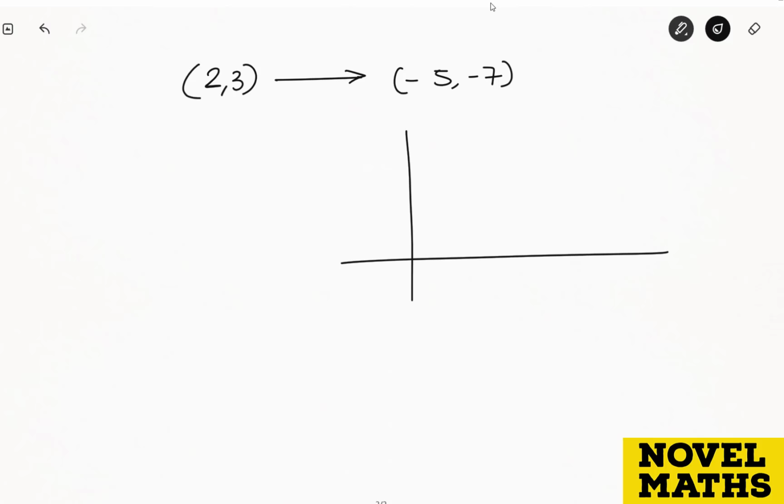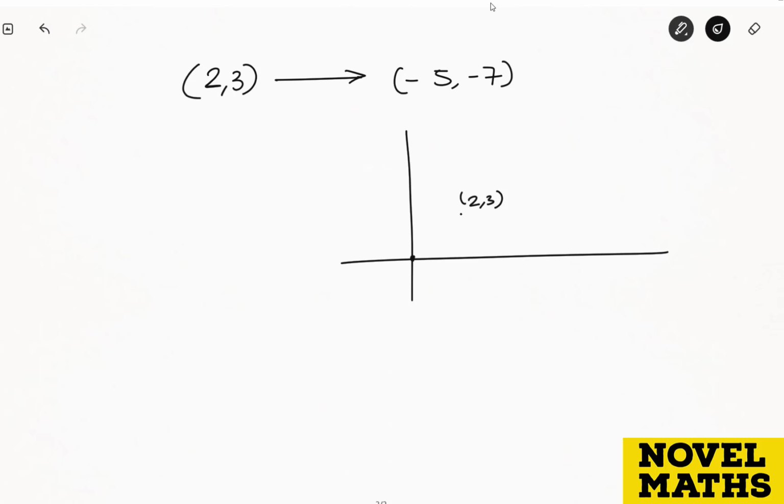Okay, so first question, you can try solving it. So point is (2, 3). New point is given in the new coordinate system, that is (-5, -7). Before solving, just think about it, right? If you have this default coordinate system with 2 and 3, where should I shift this origin?